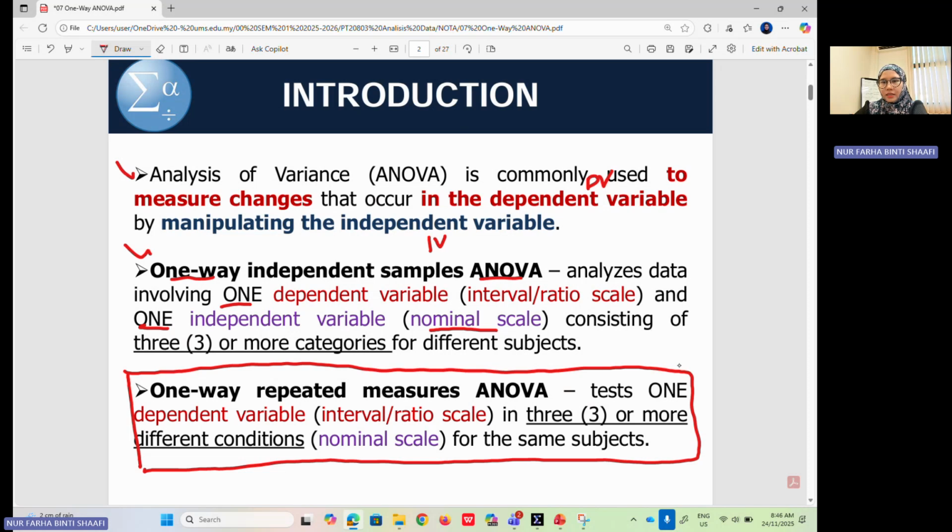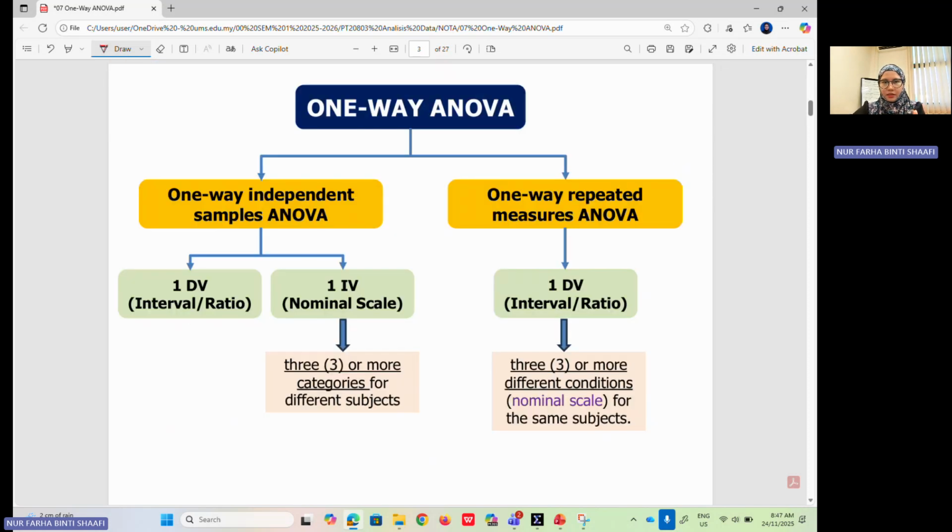So read this on your own afterwards and do the analysis by yourself following the guideline given in these notes. The step-by-step instructions on how to analyze your data using one-way repeated measures ANOVA are already given. But today I just want to focus on one-way ANOVA only. Let's take a look at the next one.